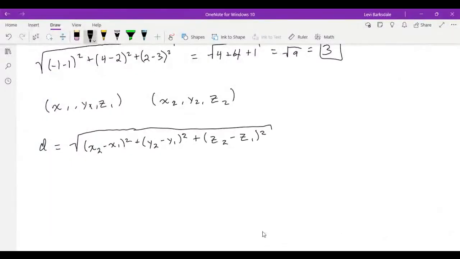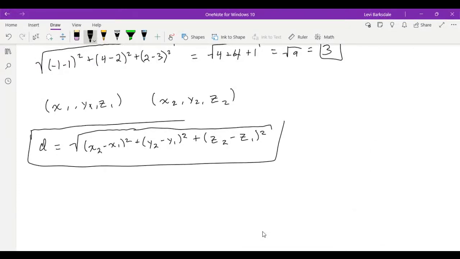All right. This is a more formal distance formula if you want it, but really it's just the Pythagorean theorem in 3 dimensions rather than 2.